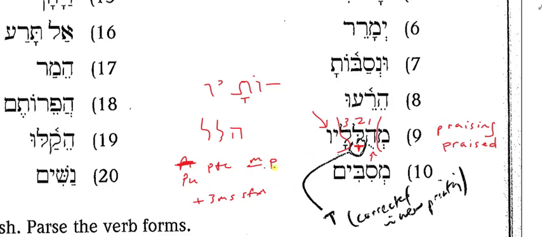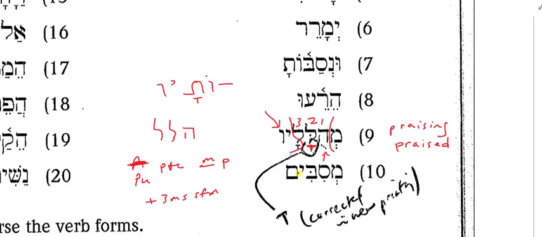If it's substantival use of the participle, then if I'm using this as a noun, I'm going to want to add something like praised ones, right? A plural group of praised people, praised ones. And then if I add the 3ms pronoun to it, it would be his praised ones. Okay? His praised ones.